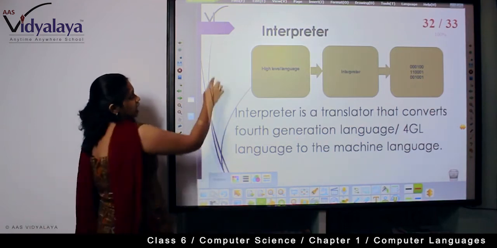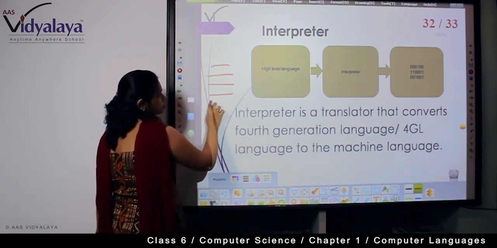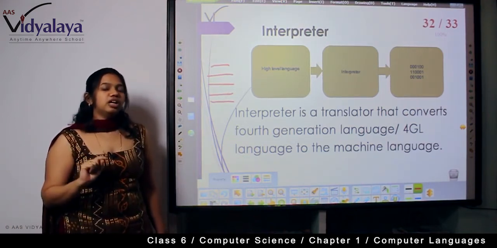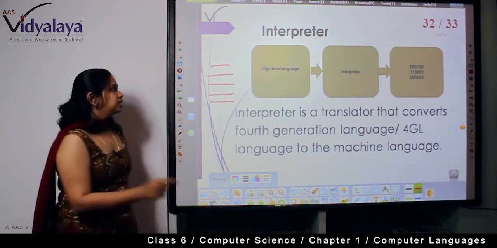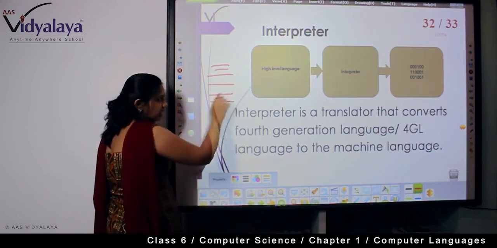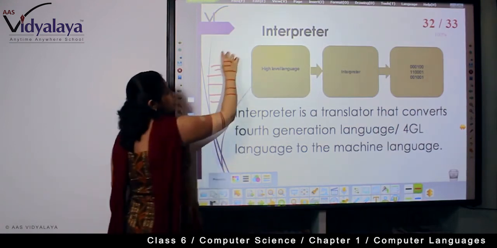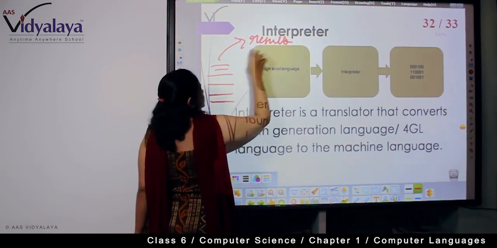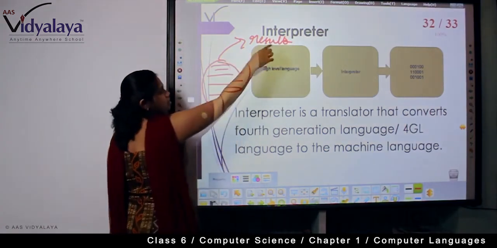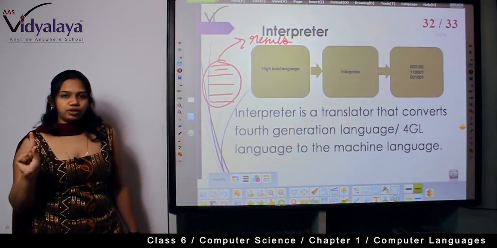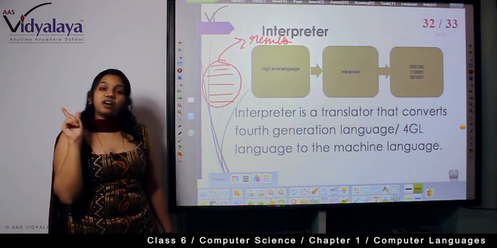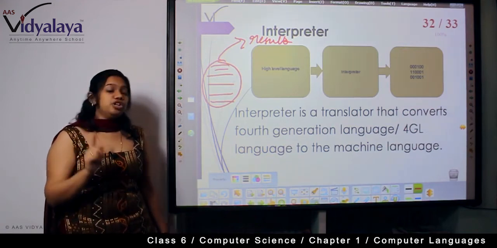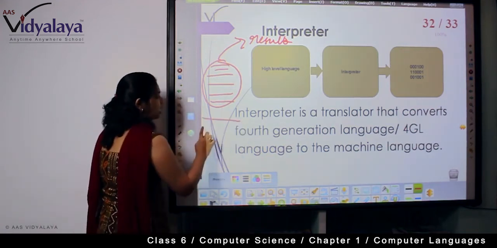For example, I have 5 lines of code. Okay, these are my 5 lines which is going to be one single code. A compiler goes through every line and then gives a result for me. It just takes everything completely and gives just one result at the end of the execution, that is after processing. But what about an interpreter? The interpreter will do every single line.